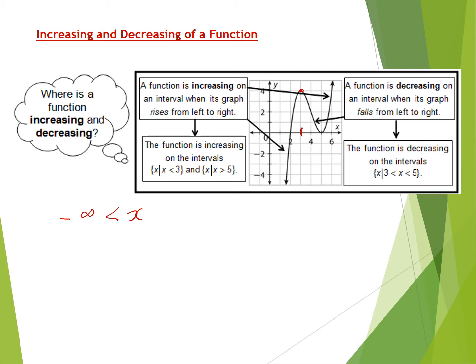I have to read the x part of it. So from negative infinity to the 3. Okay, and from the 3 here to this 5. So from 3 less than x less than 5, and from 5 to positive infinity.